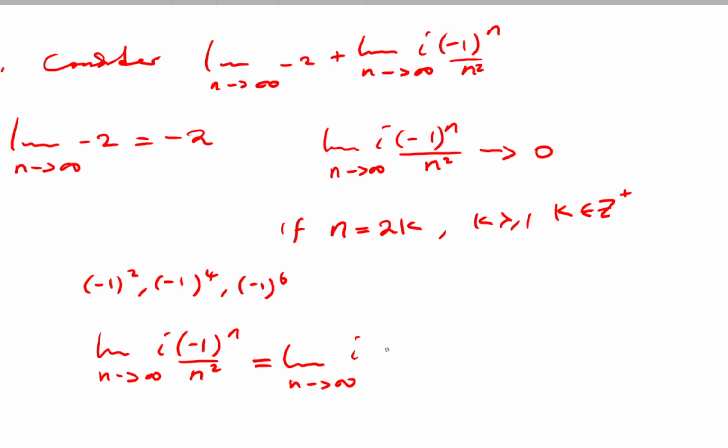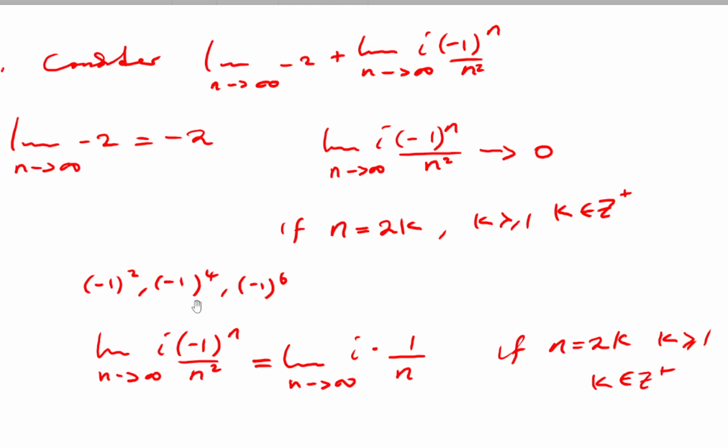So we're going to have i times 1 over n squared if n is an even number, and k is greater than 1 and k is an integer.